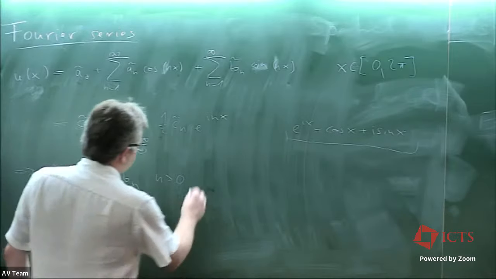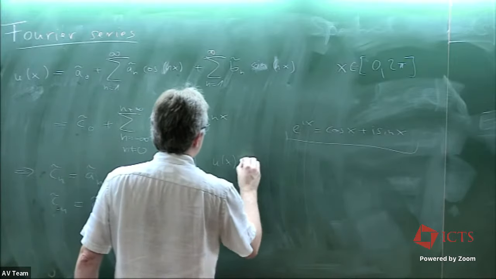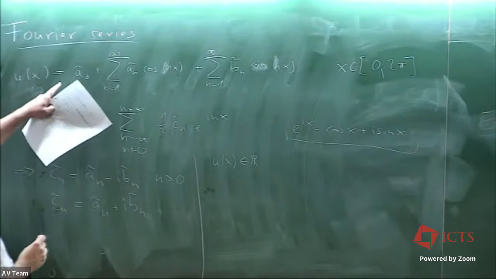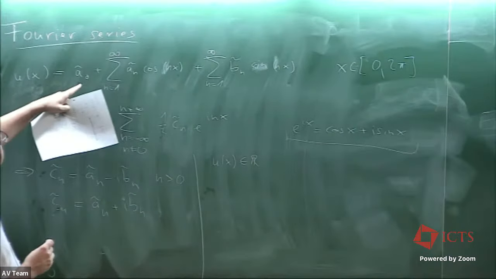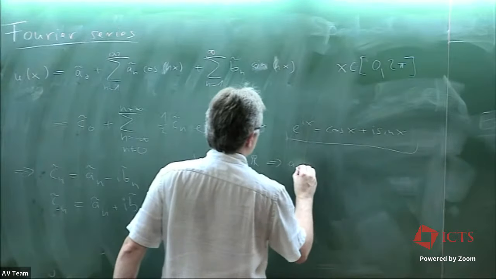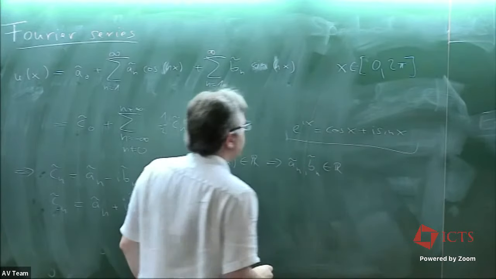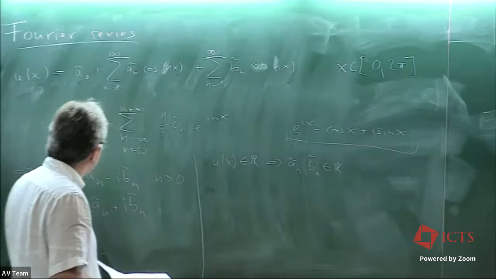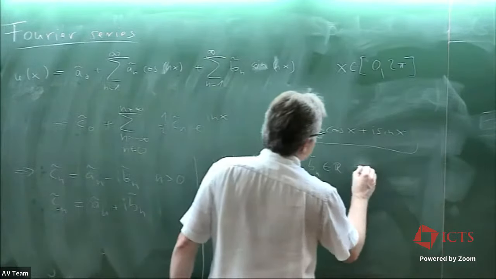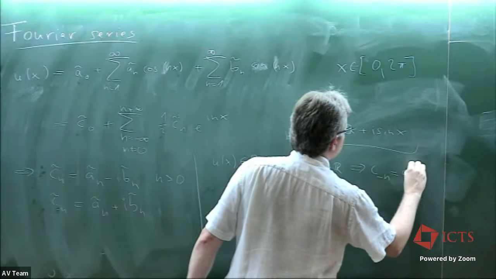And finally, if u is real, then in the sine cosine expansion, all the a's and b's must be real. Then from these relations over here, we have that C minus n equals C_n complex conjugate.